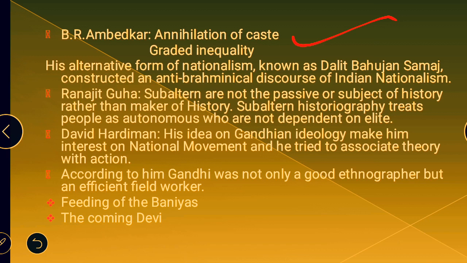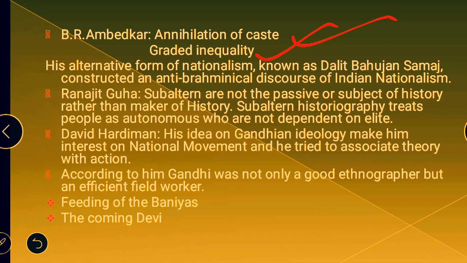Annihilation of caste is Ambedkar's critique of the Hindu social order, and according to him the society required a total destruction of the caste system, and it should be replaced. He also talked about graded inequality, which differs from pure inequality. According to him, the upper caste enjoys all the facilities and the other castes face all the sufferings.